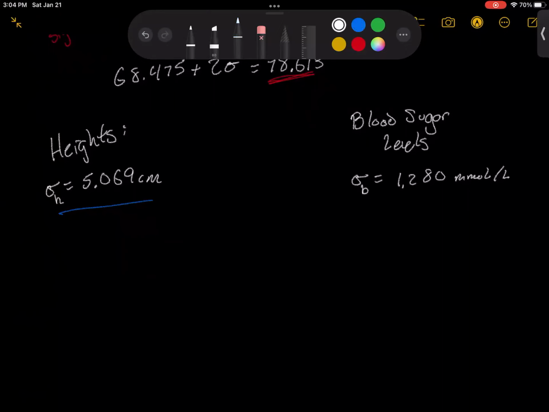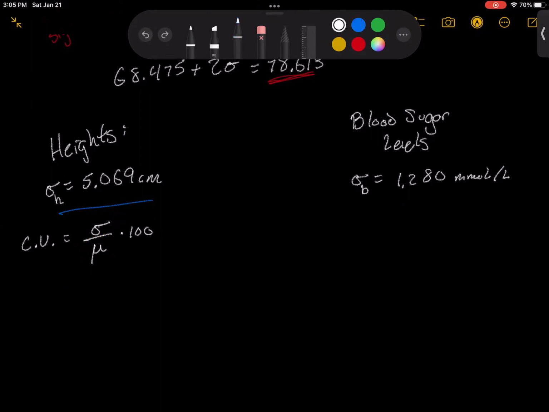So we should compute the coefficient of variation, which is the standard deviation divided by the average. And then we multiply that by 100 to turn it into a percentage, right? Because my standard deviation is measured in the same units as my average, this quantity is unitless. So it's a ratio. I can multiply by 100 and turn it into a percentage.